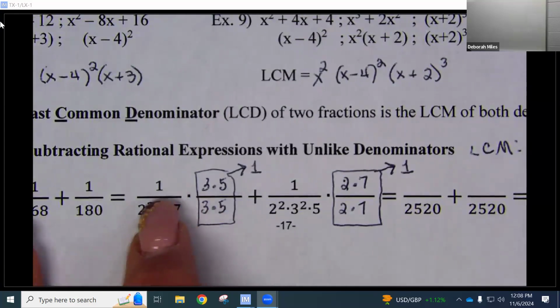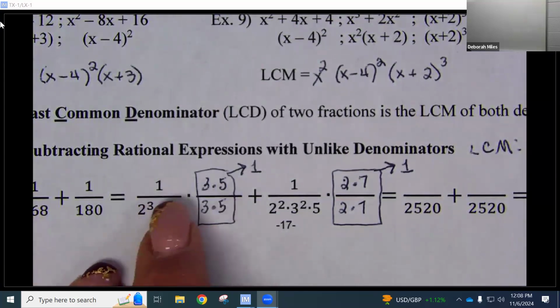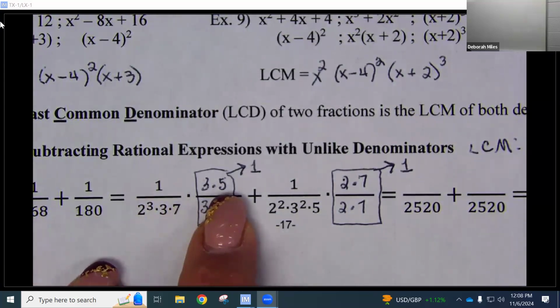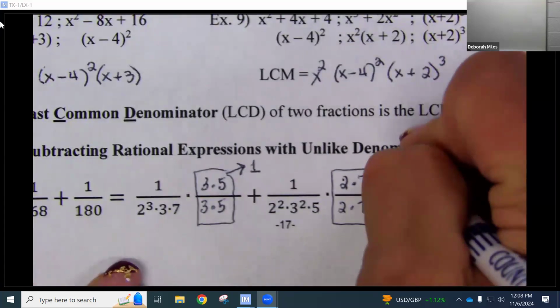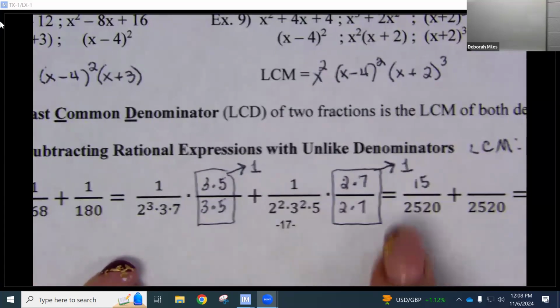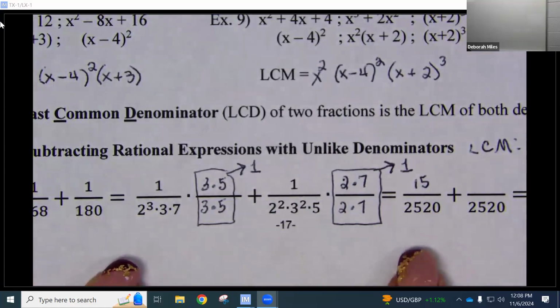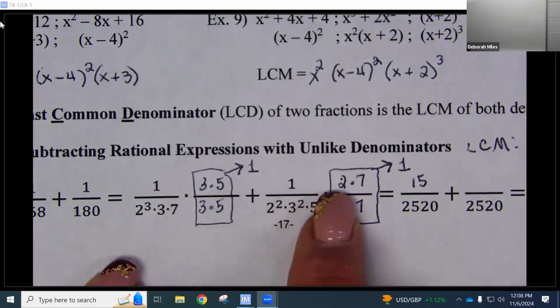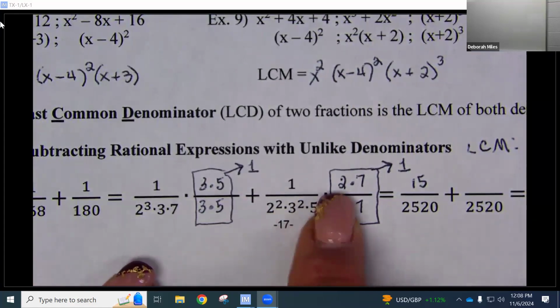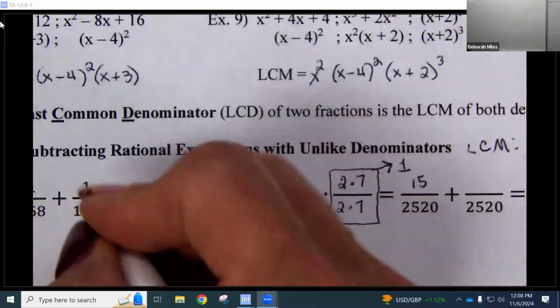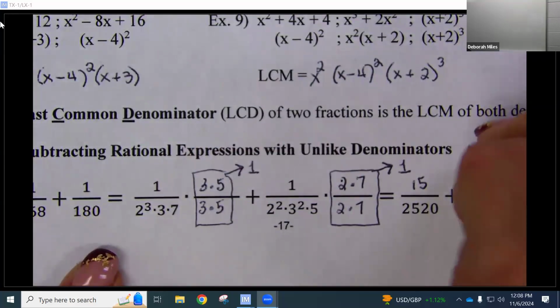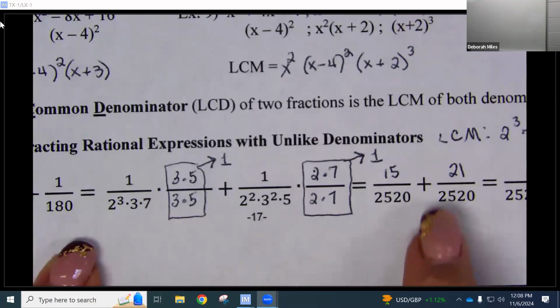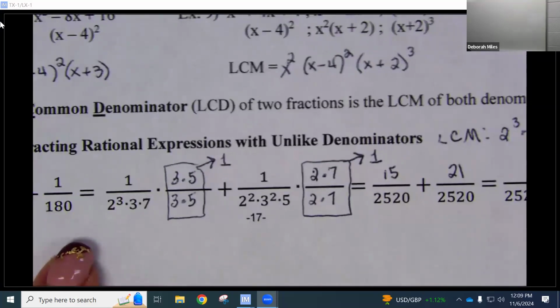So what does this first fraction's numerator become? 1 times 3 times 5? That's just 15. The first fraction is the same thing as 15 over 2,520. What's the new numerator of the second fraction? 14. So 1 over 180 is the same as 21 over 2,520.